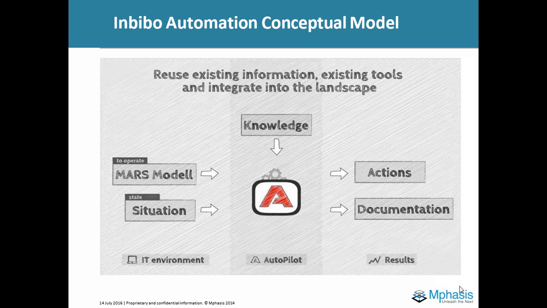The results would be either the situation was resolved, or the situation was not resolved. In case the situation is not resolved, the automation engine would assign the ticket or the incident to the respective human engineer. So that's the conceptual high-level overview of in vivo automation.